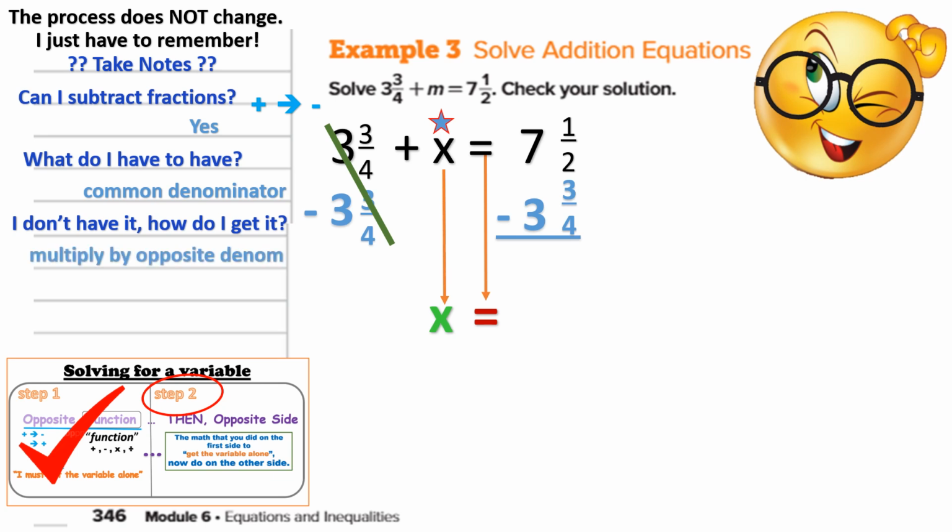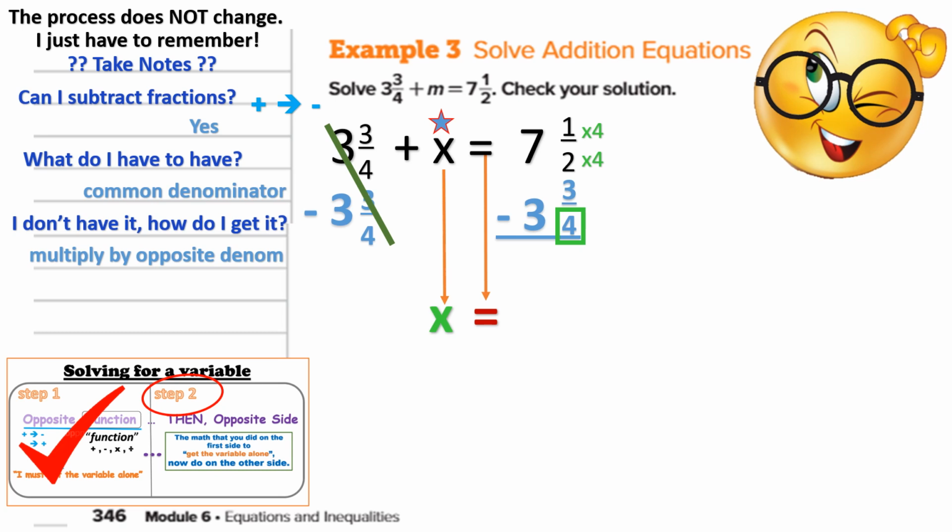So if I multiply by my opposite denominators, then that's going to be an easy one-step process, or you can find the greatest or least common multiple and use that. If I just multiply by opposite denominators, that's always going to work. I have a 4 at the bottom, so I'm going to multiply the top by 4s.